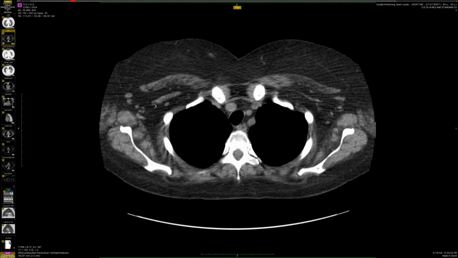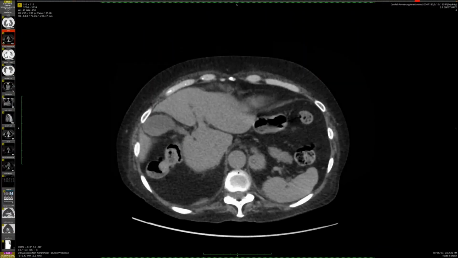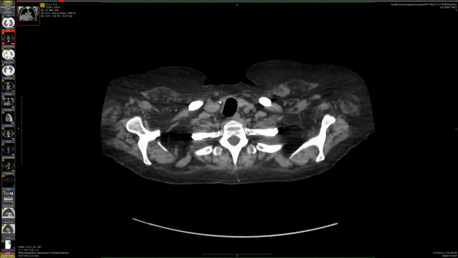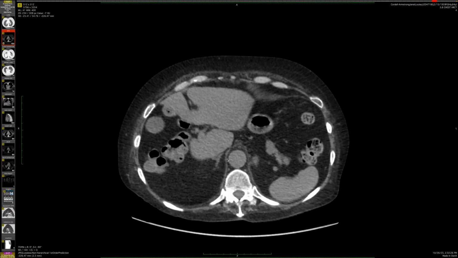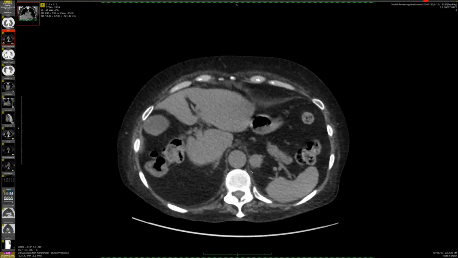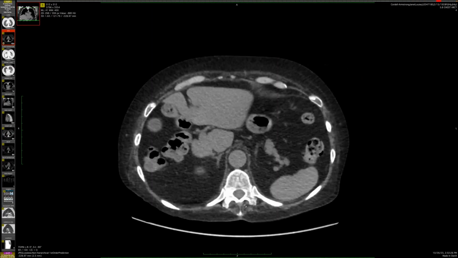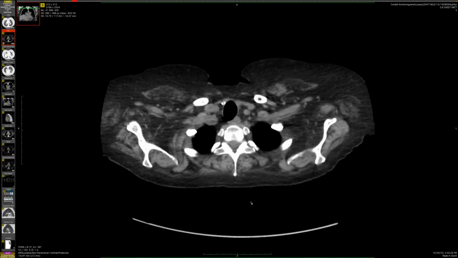Here's 2023, so this is current, and you can see the fatty infiltration of the crura is a little more pronounced, with a little less muscle tissue, more fat, less muscle, and again this profound atrophy of all the thoracic muscles. So this low lung volume reflects this lupus myositis.